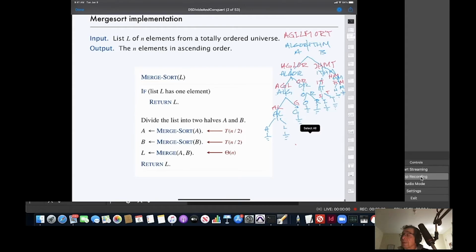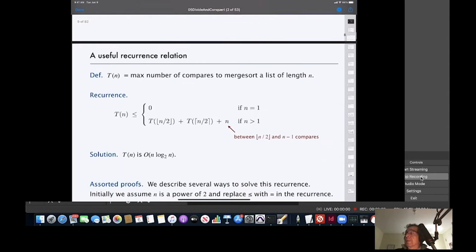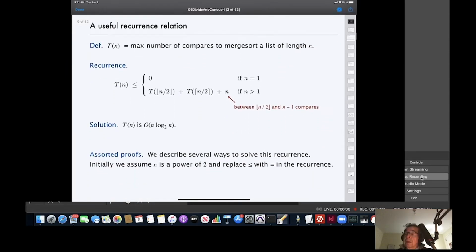And after following the code or the recursive call tree for merge sort. Now, whenever we analyze this kind of algorithm, we can always write a recurrence relation.